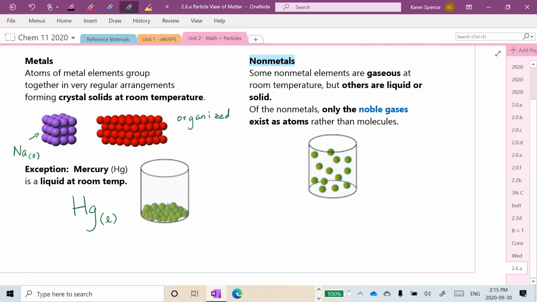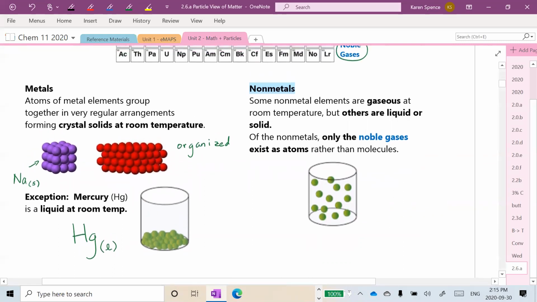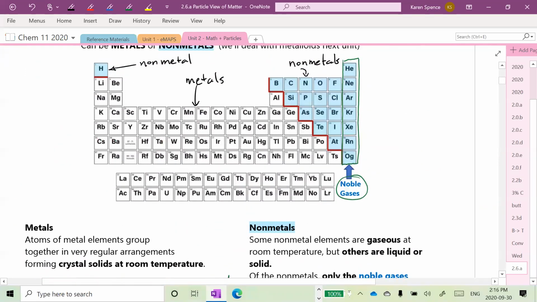Non-metals, some of them are gas at room temperature. Chlorine's a gas, oxygen's a gas, hydrogen's a gas, helium's a gas, and all of those are non-metals. Fluorine's a gas, chlorine. Bromine is kind of funny. Bromine is a liquid.